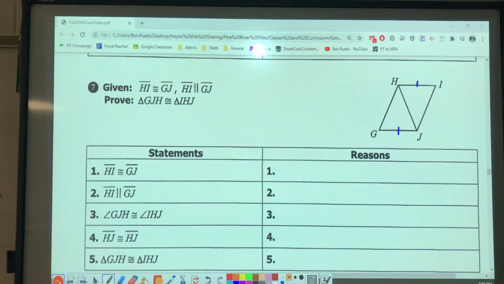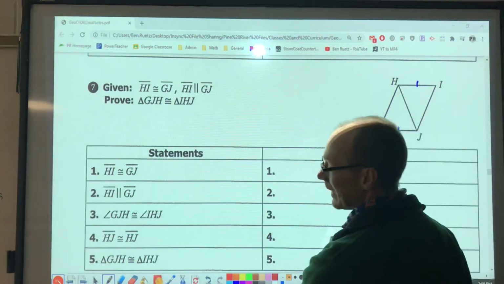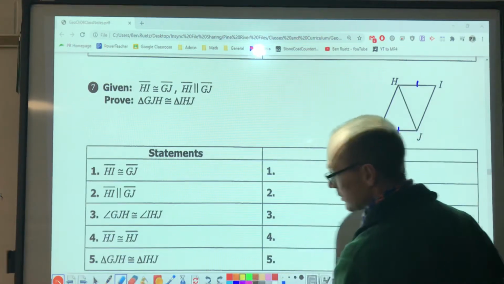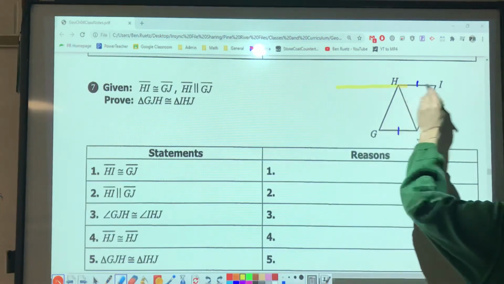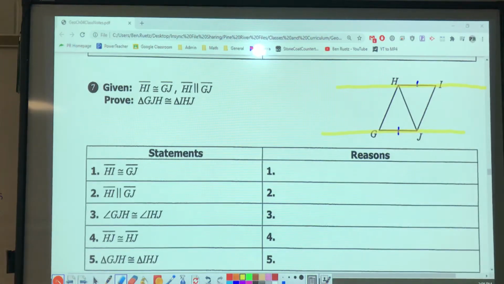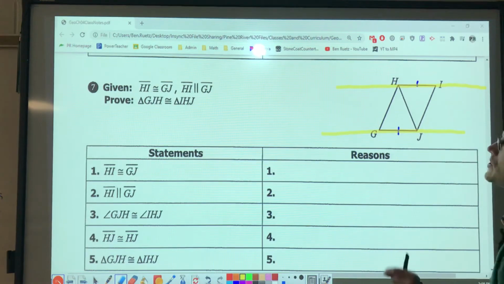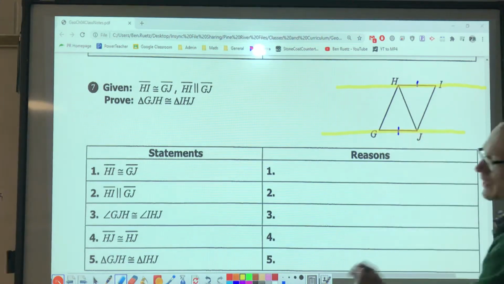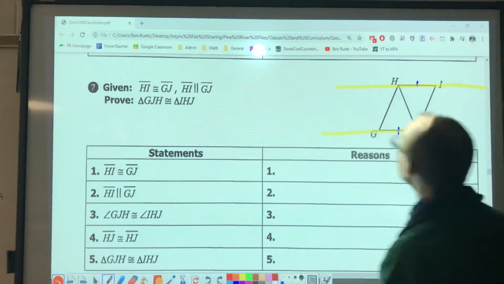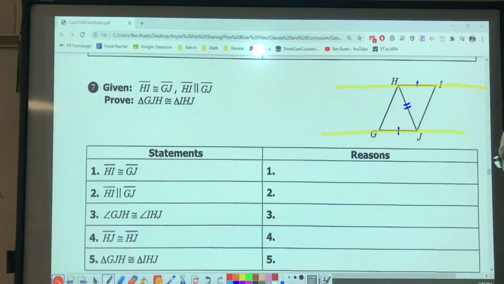That's all the sides. Oh, okay, so I guess they tell us they're parallel. What is that going to do for us? Well, if this is parallel to this, then we probably have a transversal here, right? And remembering what we know about the middle side, isn't this congruent to itself?